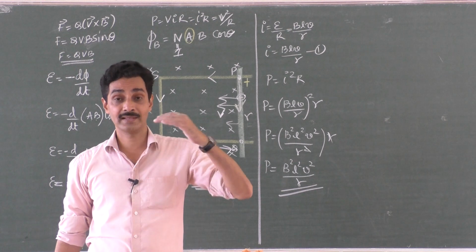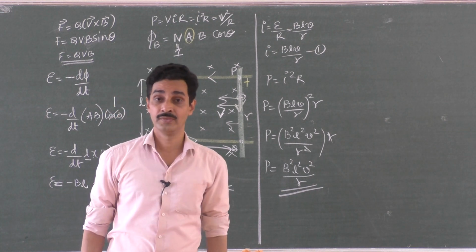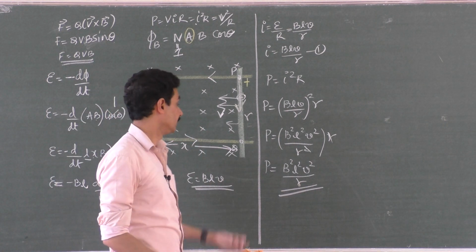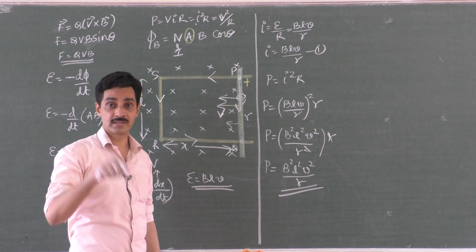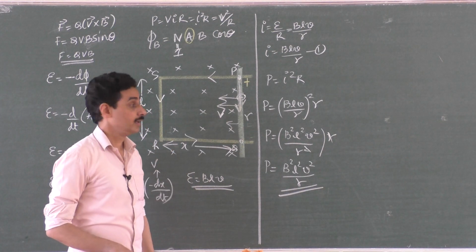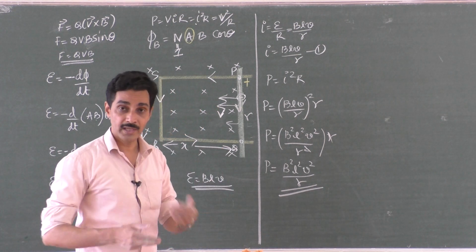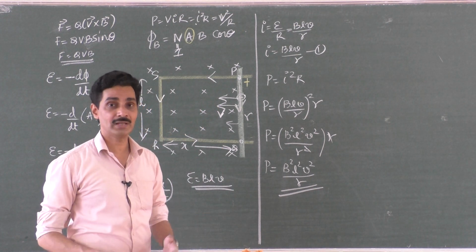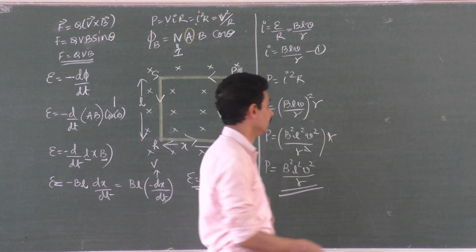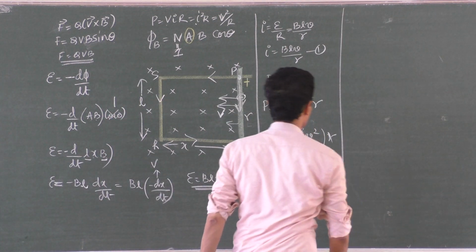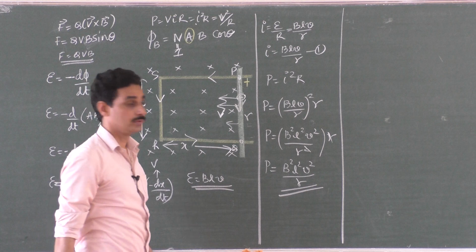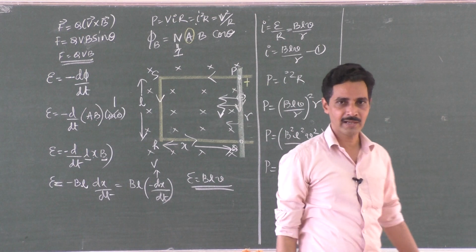Induced current has been developed to oppose the cause, the movement. What is the power used to move it? That should be equal. They should oppose one another, meaning the total energy consumed per second must be the same. So what is the power needed to move the conductor away?